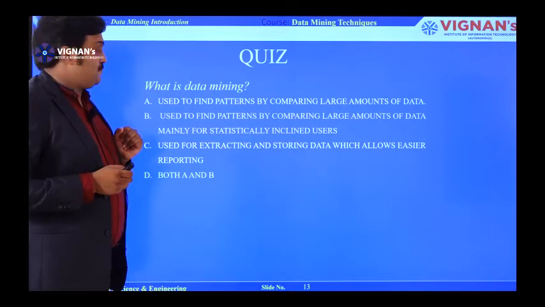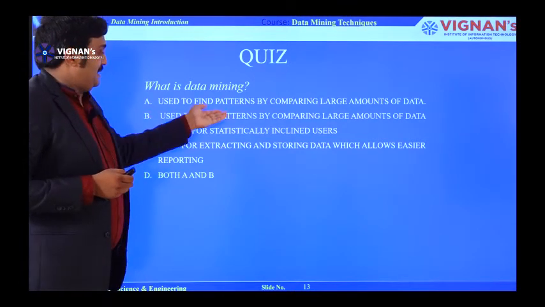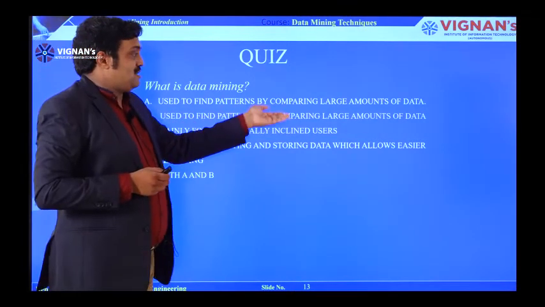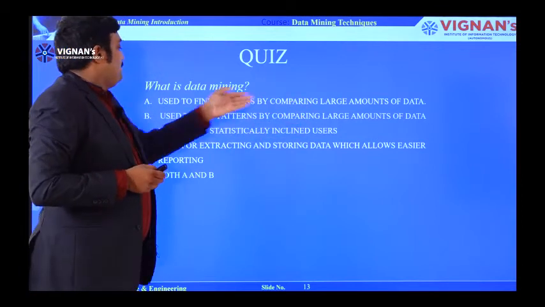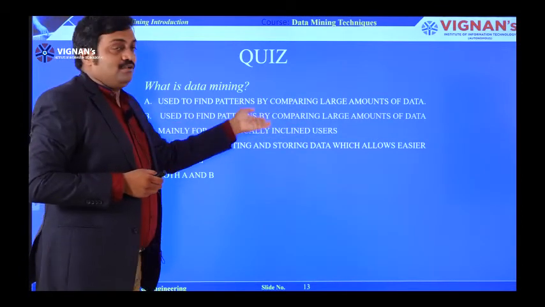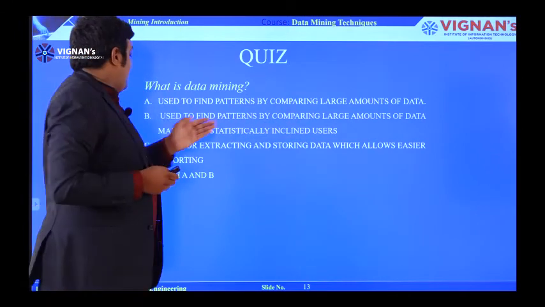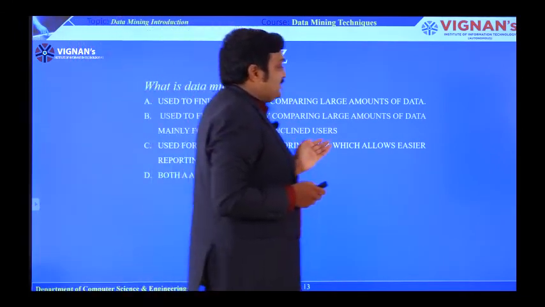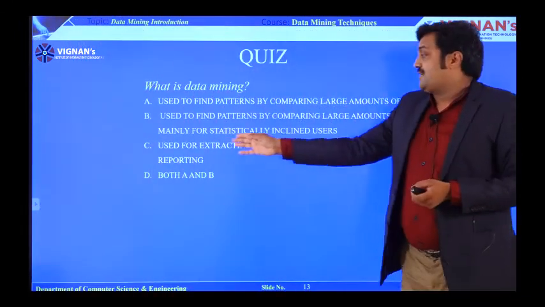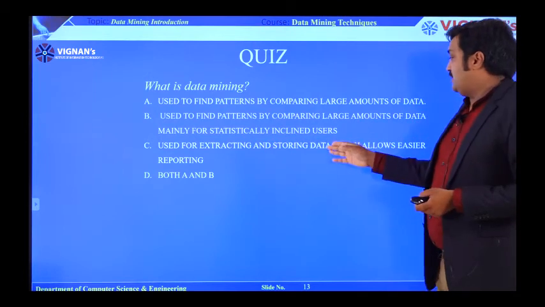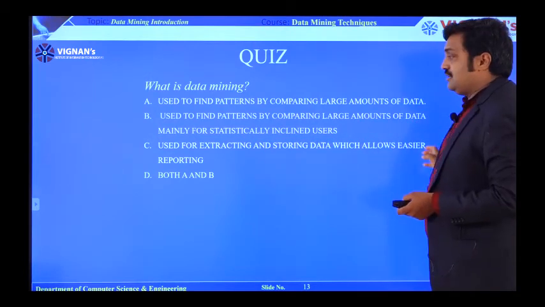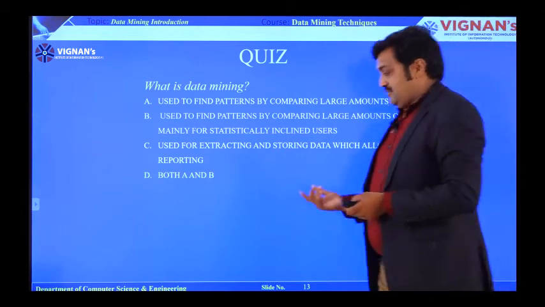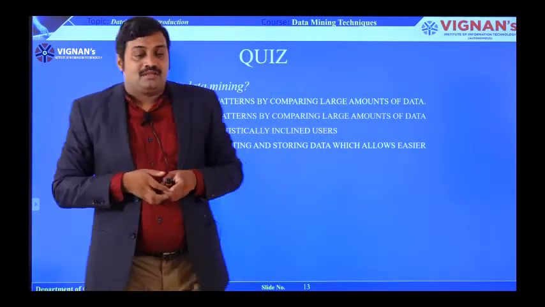The second, option B: use it to find patterns by comparing a large amount of data, mainly for statistical users. The third: use it for extracting and storing data which allows easier reporting. And the last one is options A and B both.